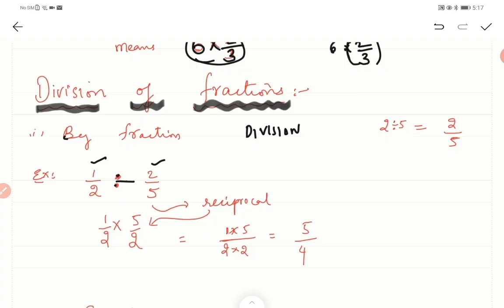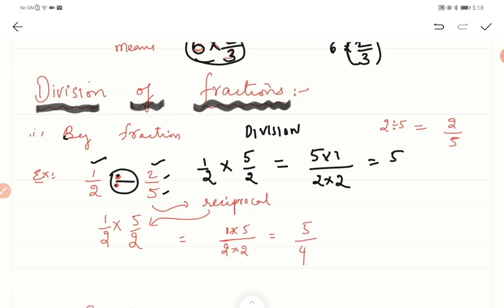So what I'll do is, I will take this 1 by 2, and I will convert this sign into multiplication. Then you need to just reverse the numerator and denominator of the second one, that is 2 by 5 becomes 5 by 2. Now it is very simple, just like multiplication. So numerators you will multiply, divided by denominators multiplication, so it is 5 by 4, isn't it?